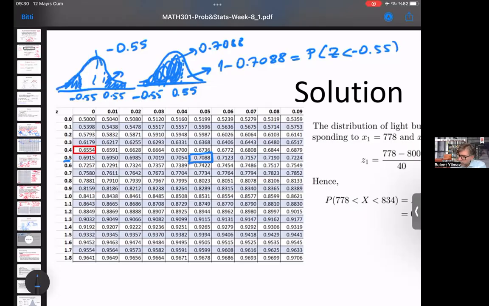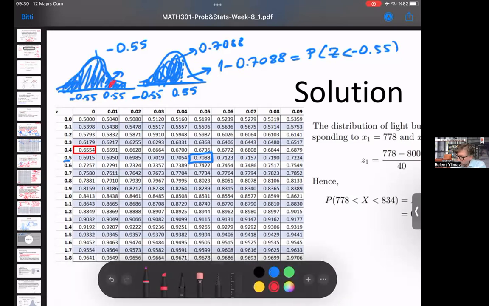This one is given, and I want this area. This whole thing, this green thing, is given as 0.7088. So how can I find the green one? I can find it as 1 minus 0.7088. Then this is the probability of z less than minus 0.55.